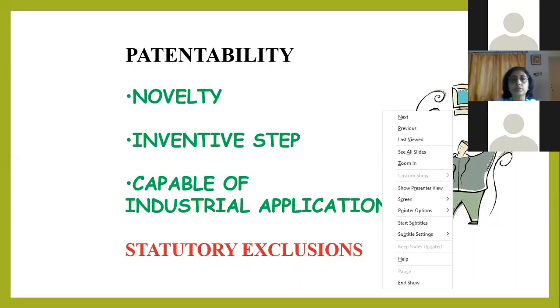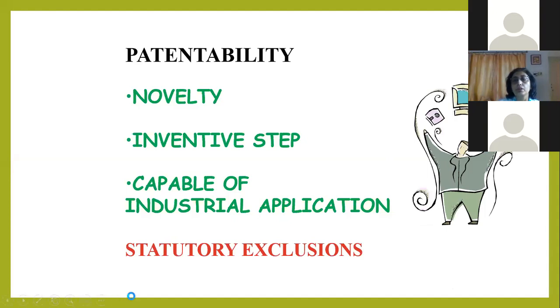These are the 3 cardinal features on which the whole patenting statute, or most of the countries, base the basic features: that the invention should be novel, the invention should have industrial applicability, and the invention should be inventive.